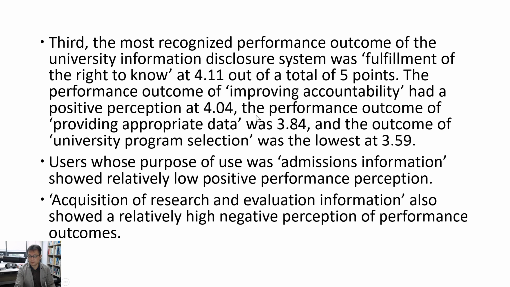The performance outcome of providing appropriate data was 3.84, and the outcome of university program selection was the lowest at 3.59. Users whose purpose of use was admission information showed relatively low positive performance perception.